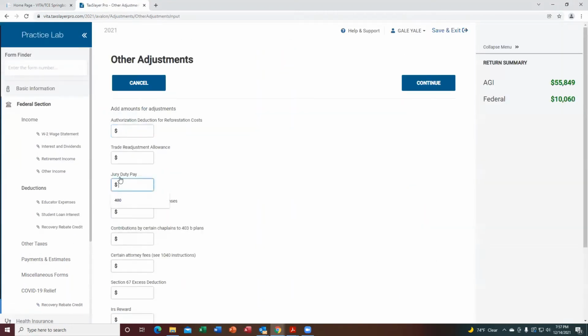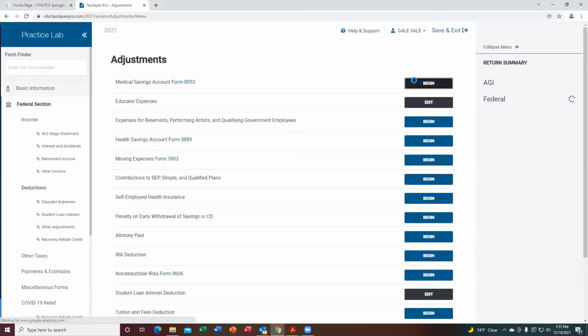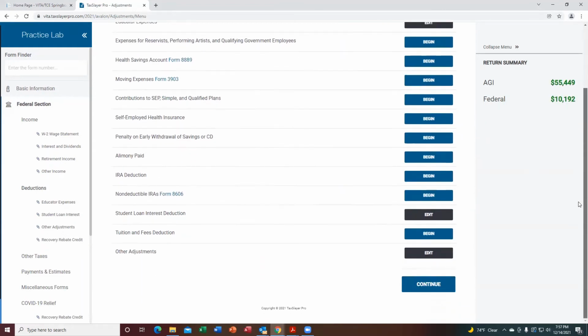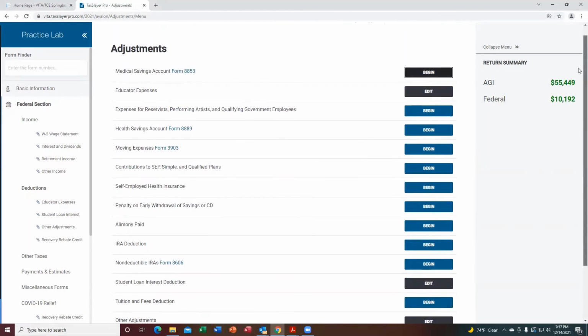And there it is, jury duty pay, and it's $400. And I believe that's it for the area of adjustments. We move on to credits.